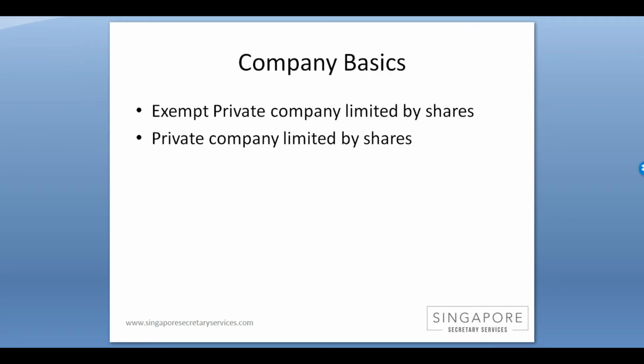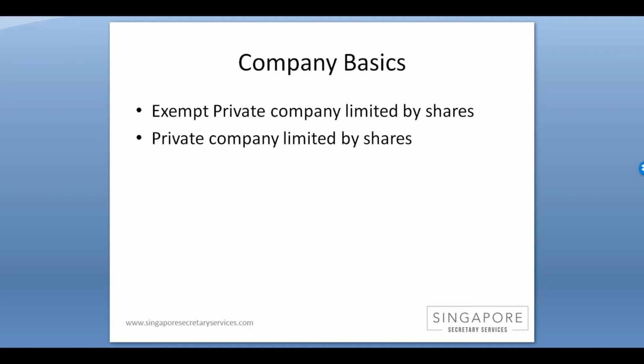Okay, so generally there are two types of private companies. There's an exempt private company limited by shares and a private company limited by shares. The difference is the exempt word there. If you have corporate shareholding, which means another company is a shareholder of this particular company, then you lose the exempt status. Also, if you have more than 20 shareholders, you will also lose the exempt status.